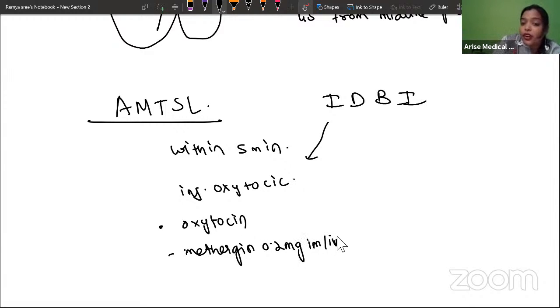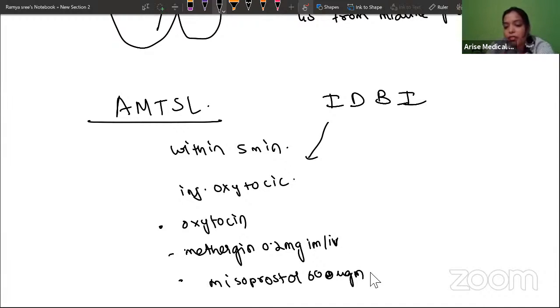Where all methergin is contraindicated, very important. Methergin should not be given after delivery of first twin, preeclampsia, isoimmunization, and cardiac diseases, right? And third one, you can give misoprostol. When you're giving misoprostol for prophylactic dose, it is 600 micrograms per vaginal, or 600 micrograms sublingual, right? So that is the I.